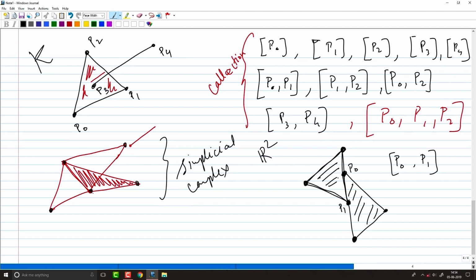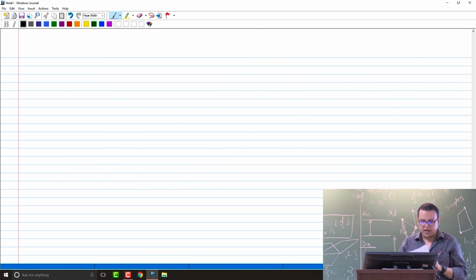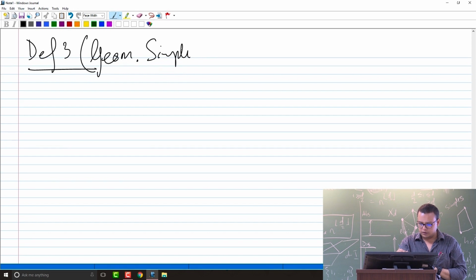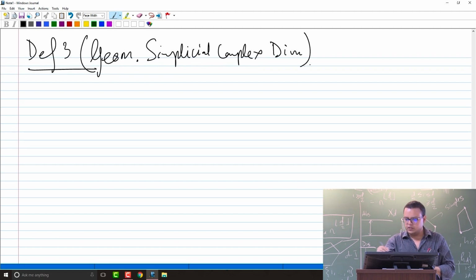It's okay. So like we defined the dimension of simplices, you can define dimension of a geometric simplicial complex. Okay. So this will be basically dimension.